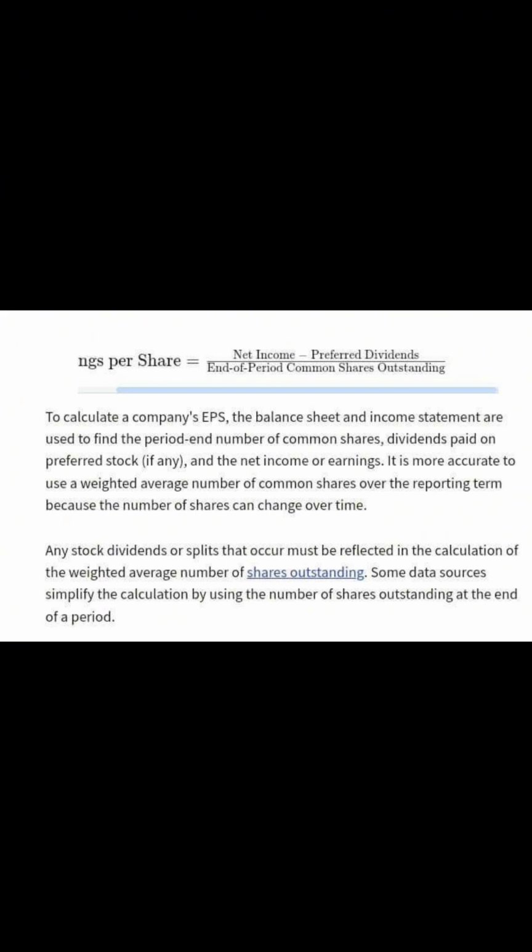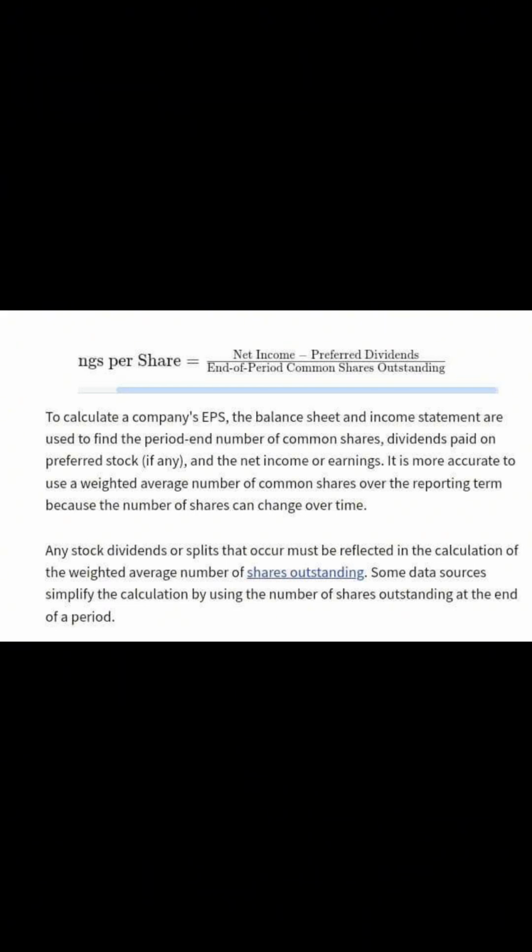To calculate a company's EPS, the balance sheet and the income statement are used to find the period-end number of common shares, the dividends paid on preferred stock, and the net income or earnings. It is more accurate to use the weighted average number of common shares over the reporting term because the number of shares can change over time.